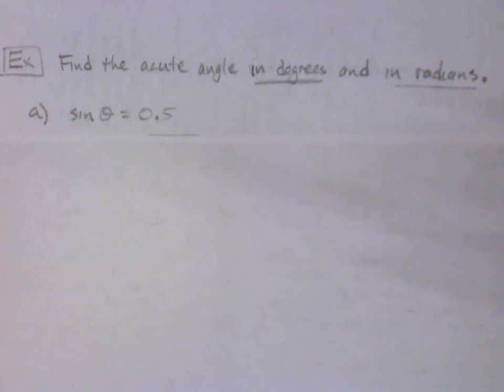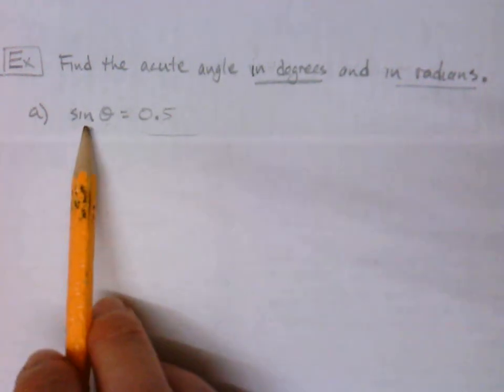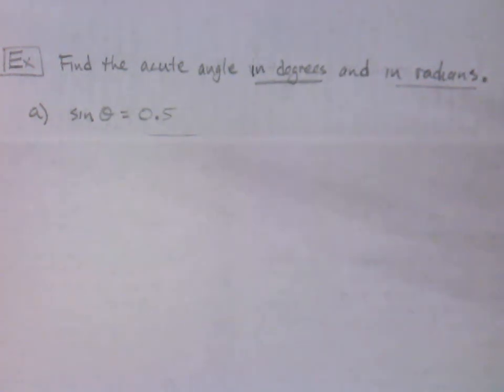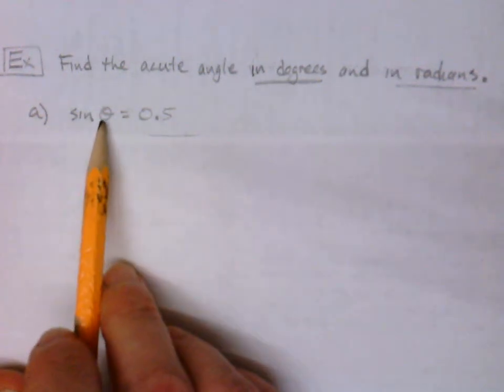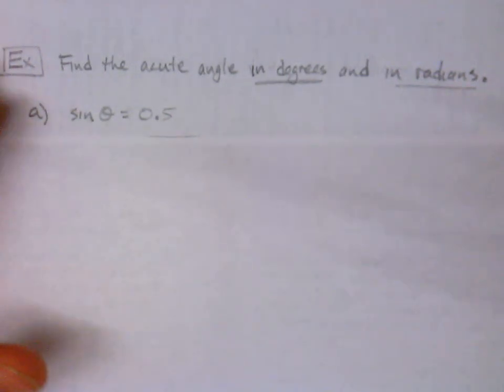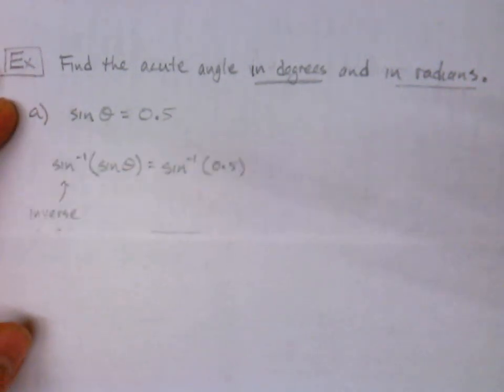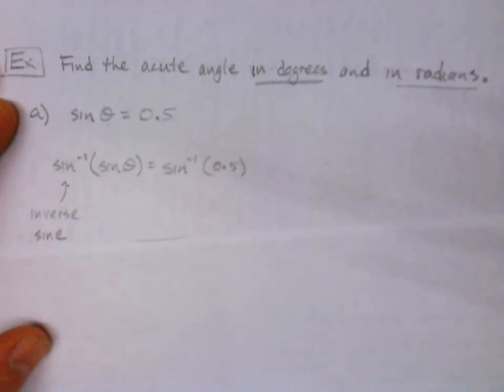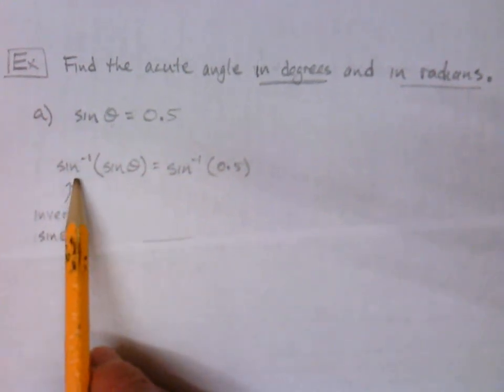So it turns out each of these trig ratios has an inverse. And you may have even seen that on your calculator if you've got a similar style as the one I'm working with here. What we need to do is to isolate the theta. Okay, how are we going to do that? Let me kind of bring this down. We're going to take the inverse sine of both sides.